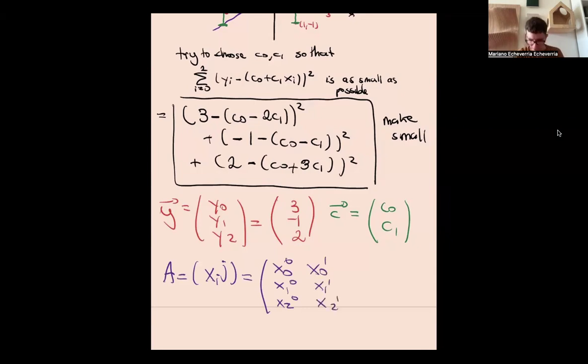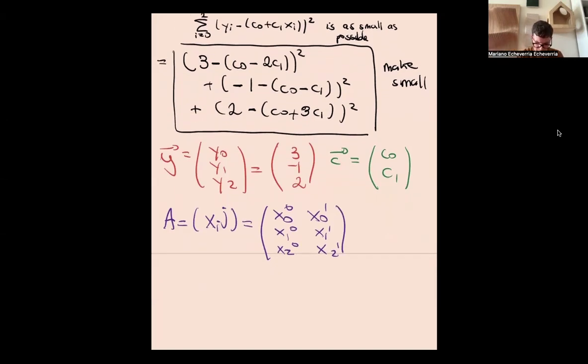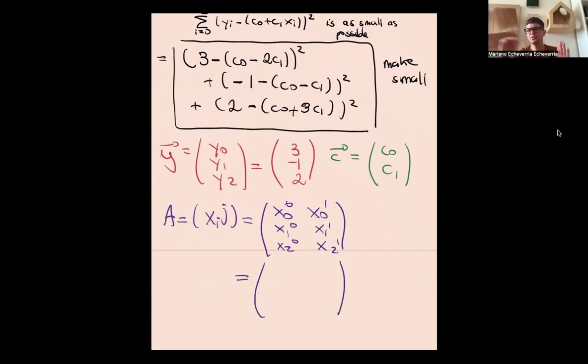If it had been a parabola, you would have another column where you raise each of these numbers to the power 2. And if it had been a cubic, an extra column, to the power 3. In this case, because anything to the 0 power is equal to 1, you get 1, 1, 1.